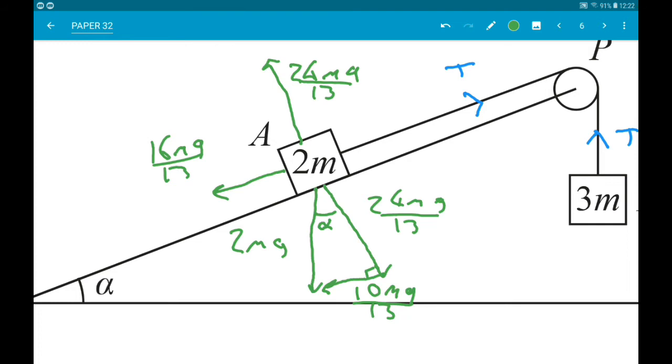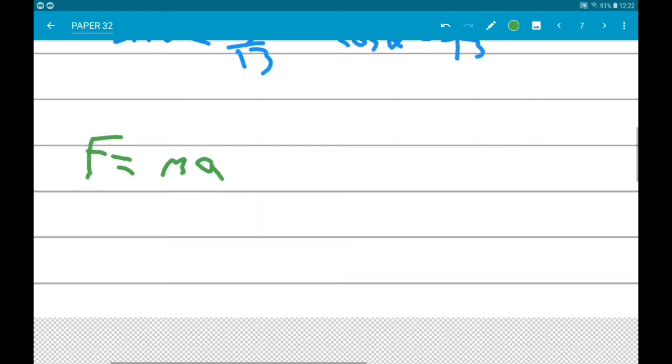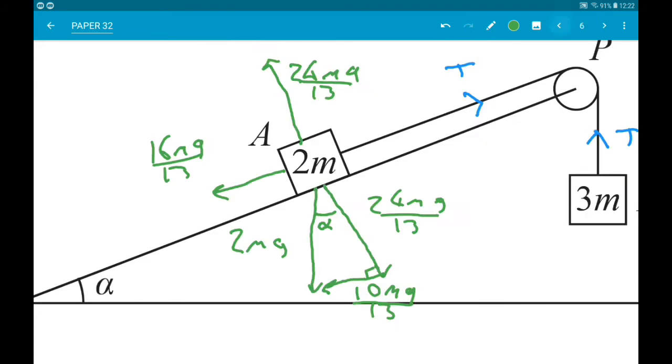So we can say that the force is tension minus friction, so 16 mg over 13, and minus 10 mg over 13, so that's minus 26 mg over 13.